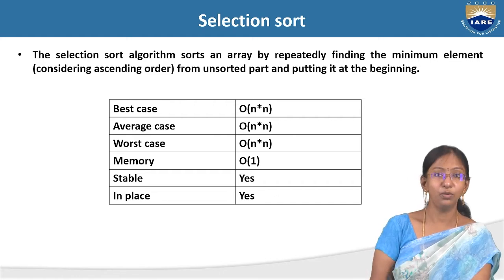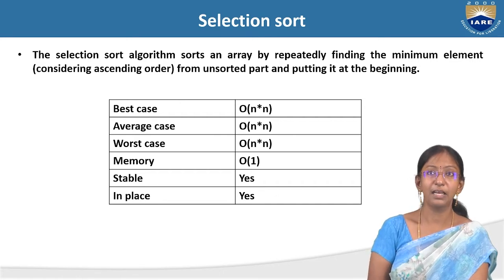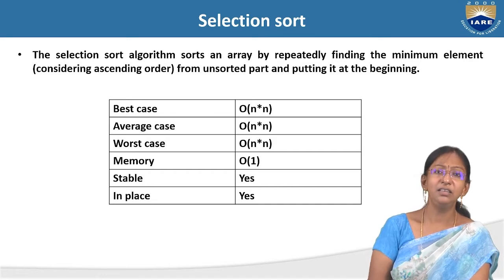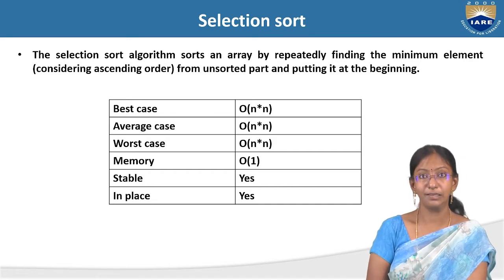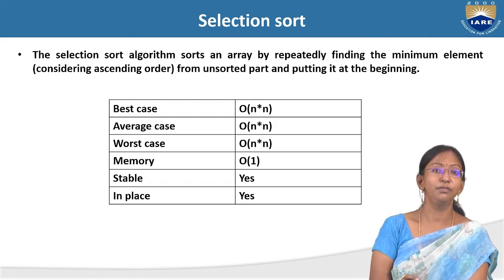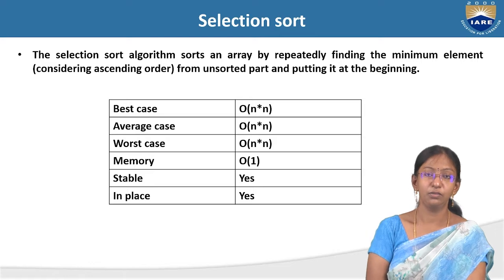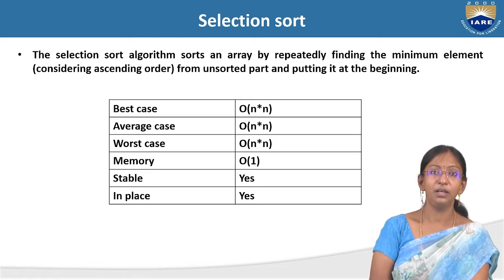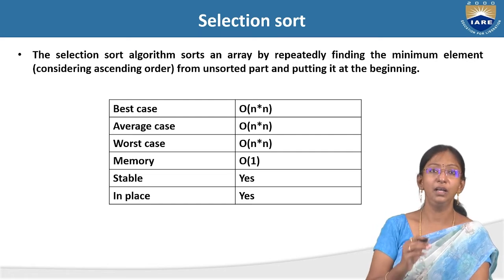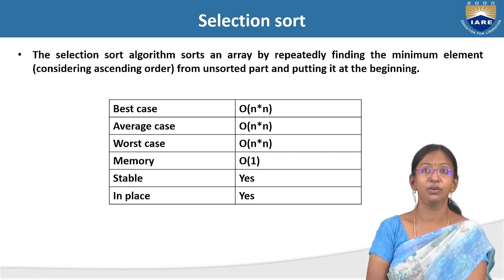Coming to selection sort, it repeatedly finds the least value, if you are going for ascending order, and brings it to the first position. With every iteration, it brings the least value to the least index position.